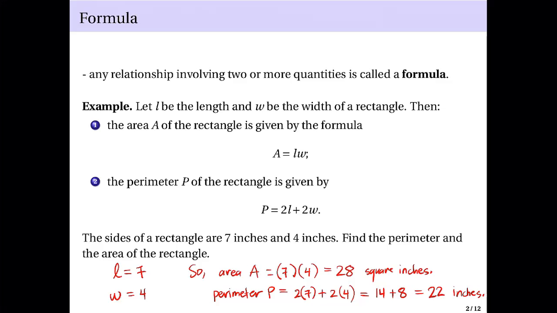So what I just did is called dimension analysis. I analyze the dimension. And you have to make sure that when you analyze the dimension, it should make sense in the conclusion that you wanted. So area, it's squared units. Okay. For perimeter, it's just the unit.